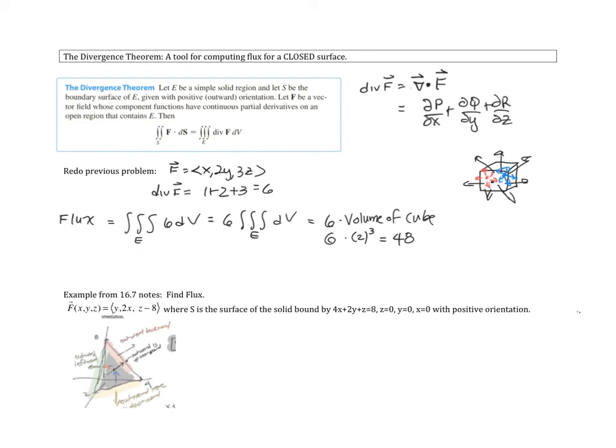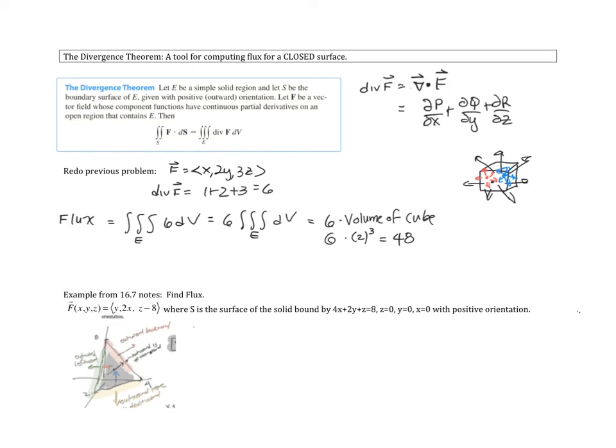So this next example, we did this last time. If you look back, you might recall we had this plane, and then it was closed. So bottom, left wall, back wall, and we did 4 separate surfaces.